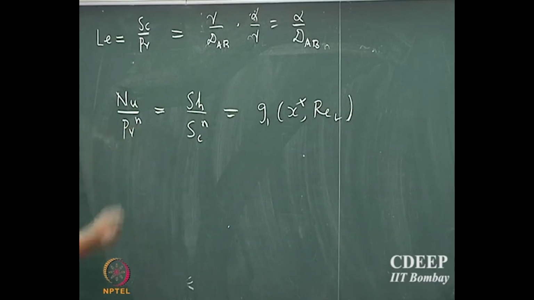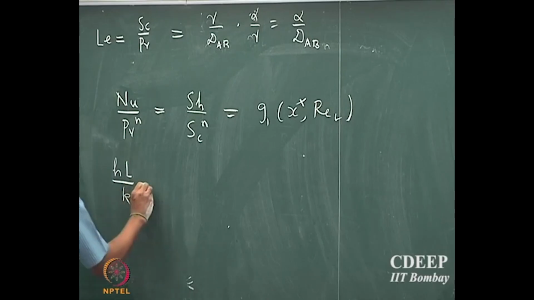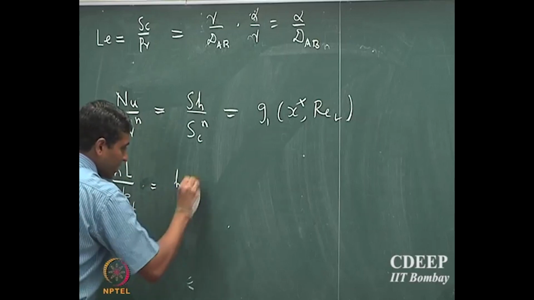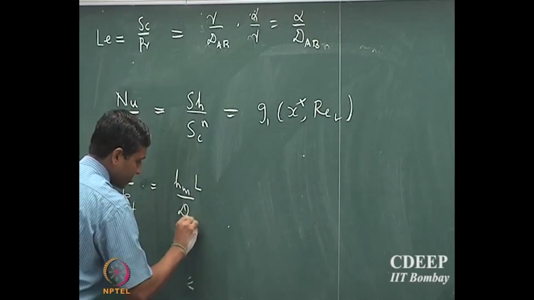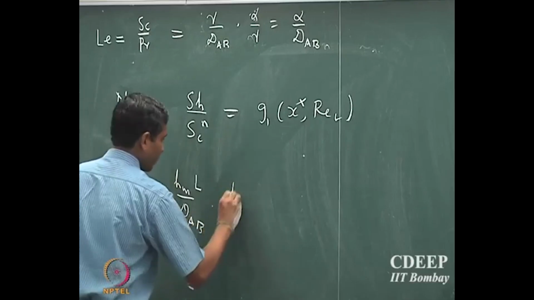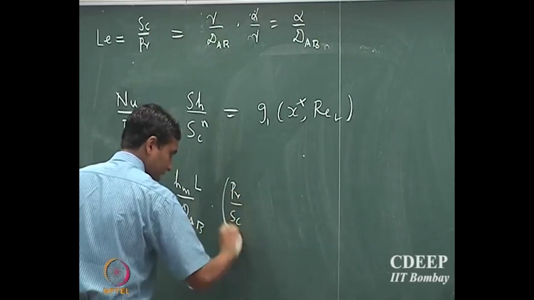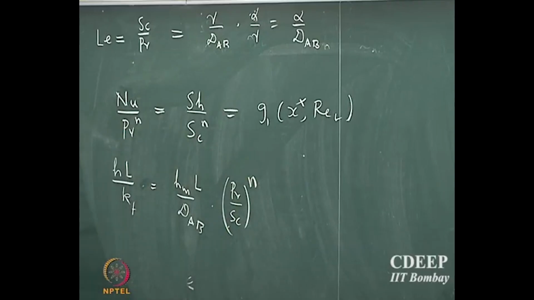Now if I open up the expressions here, the Nusselt number is h into L by Kf, that's the heat transport coefficient multiplied by the length of the plate divided by the corresponding conductivity. That is equal to Hm into L by DAB into Pr by Sc to the power of n, right?